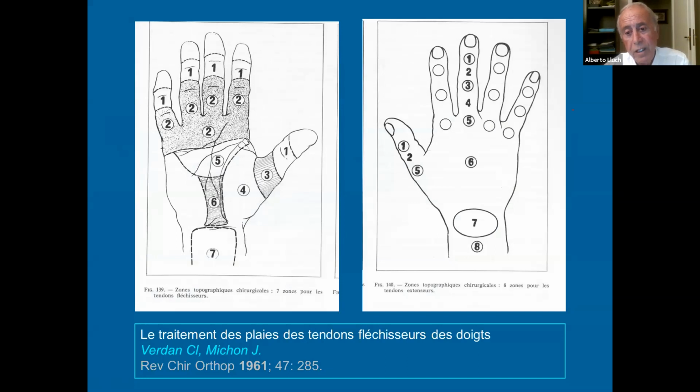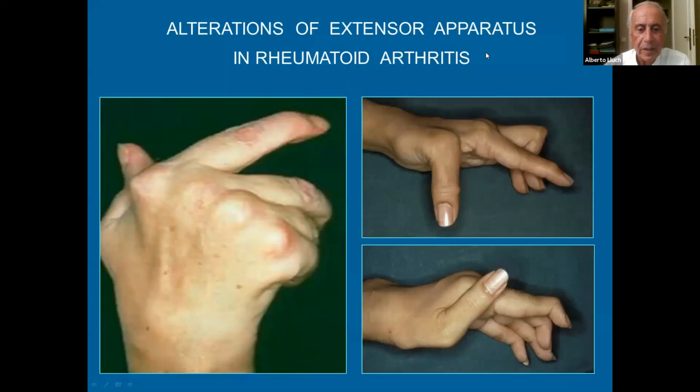In anatomy, usually number 1 is the most proximal part, like C1, vertebra, or root, etc. And here it's the reverse. And probably the explanation is because Claude Verdan and Jacques Michon in 1961 decided to do it this way. I don't know. The French are always a little special, but no, I don't want to offend them. And that's the reason: first they did it with flexor tendons and then they continued with extensor tendons.